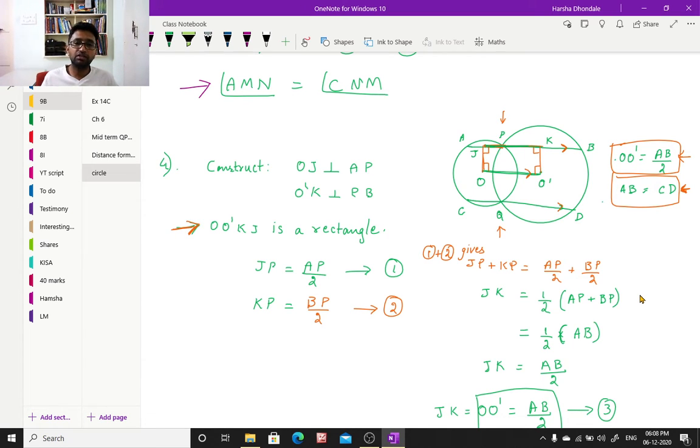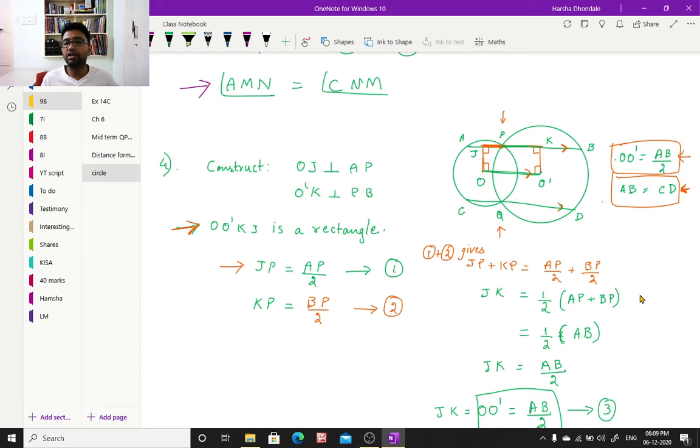So from this, JP, this part, is half of AP. How do we know this property?